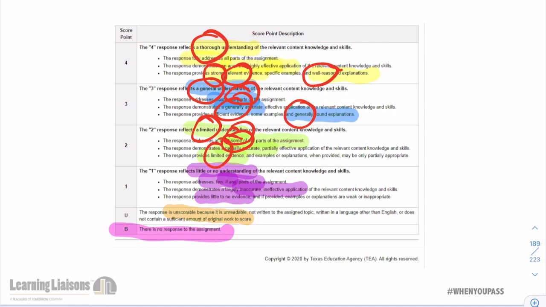Let's look at 1: little to no, few, inaccurate, little to no. All right, so we want to make sure we are up in here, or at least up in here. So that's what we are shooting for, and so we want to make sure that we are thorough. That's going to be our key going forward.